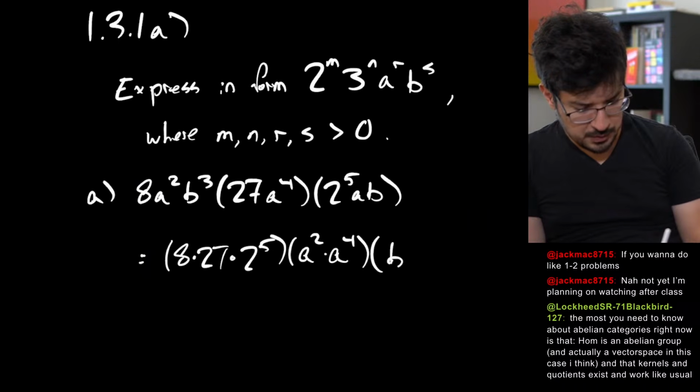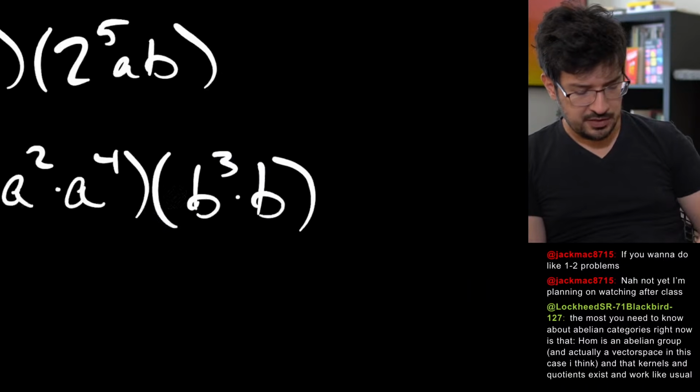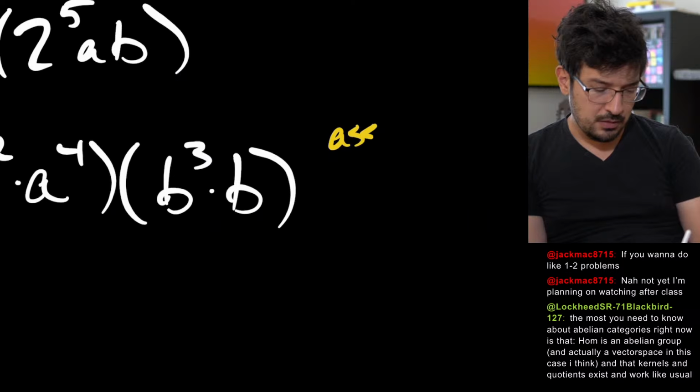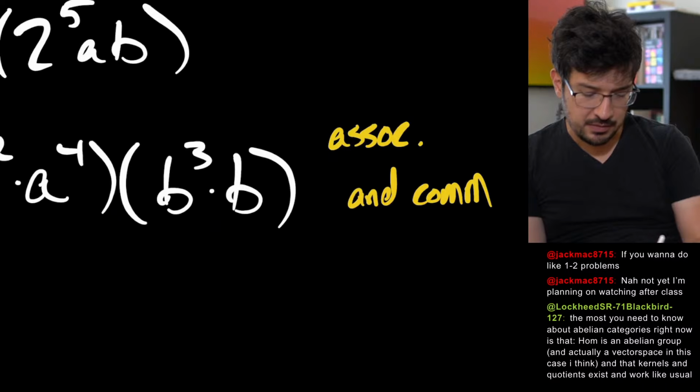B cubed times b. So in a proof, I would justify this by associativity and commutativity.